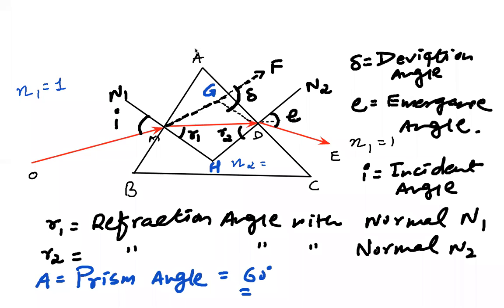That is A, M, and D. It is a triangle. So angle A and the remaining angles added together make 180 degrees. Another thing I will say is that in the opposite side we can also say that the angles at M, H and D add up to 180 degrees.